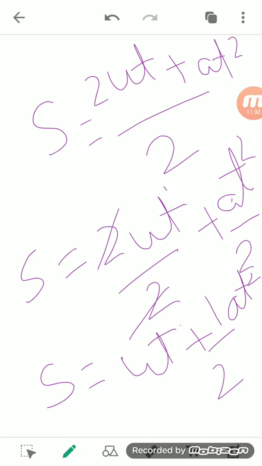I think you have understood it by this. This 2 which we have taken collectively can be 2ut upon 2 plus at square upon 2. So this 2 and this 2 will cancel out, it will become ut. So it will be ut plus at square upon 2, and this upon 2 is beside the at square. So we can also write it like ut plus half at square.